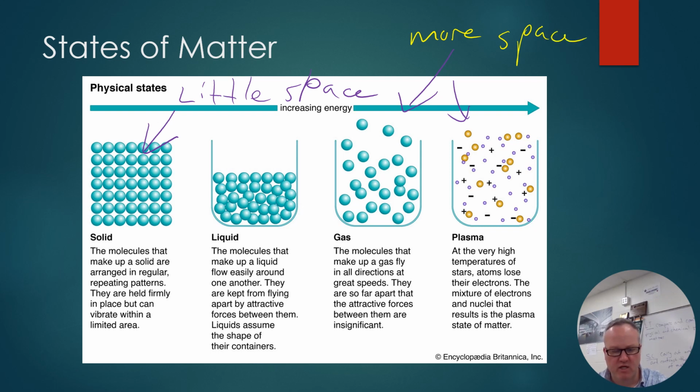And you want to just also know that this arrow is for energy. And so down here at the solid, you're going to have low energy. And down here with these last two, the gas and the plasma, you're going to have high energy.